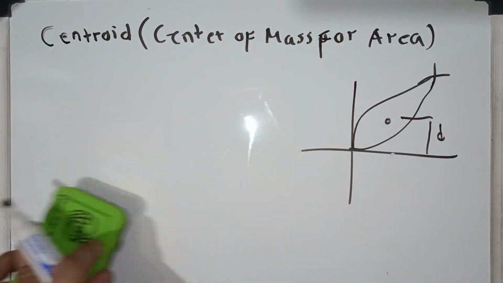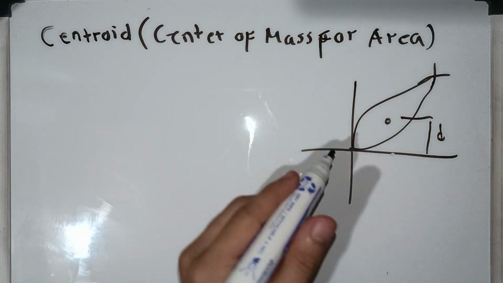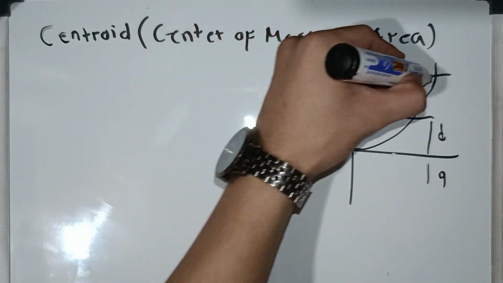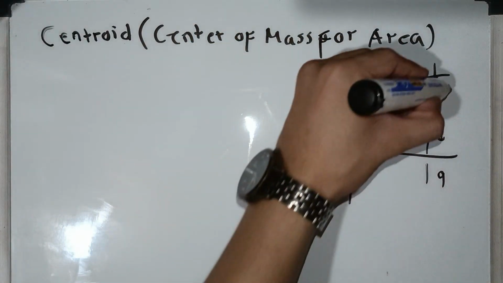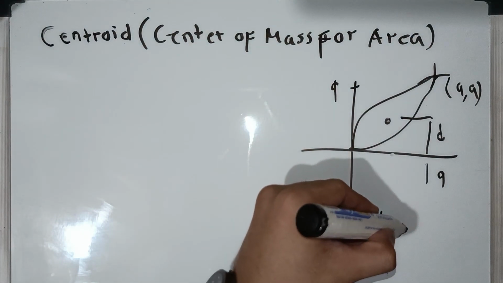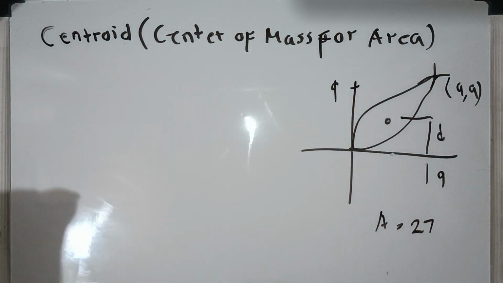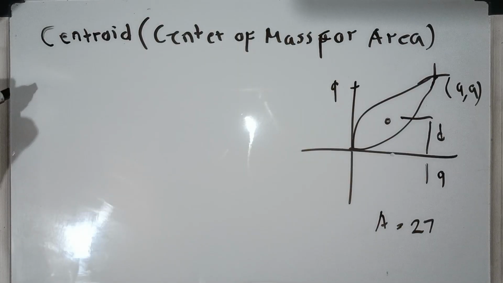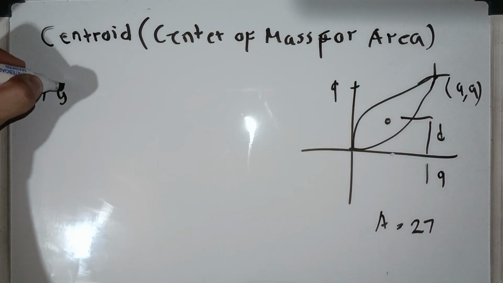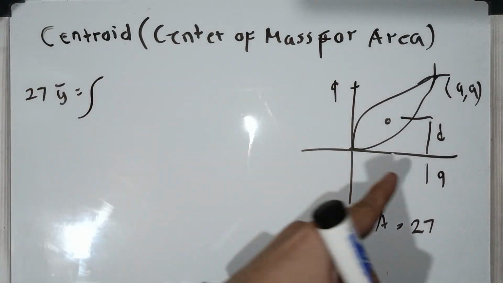Let's just use the previous example, which has a limit from 0 to 9, and the area, which is 27. So let's get the y bar here. It is the A total, or 27, multiplied by y bar is equal to the integral from 0 to 9.